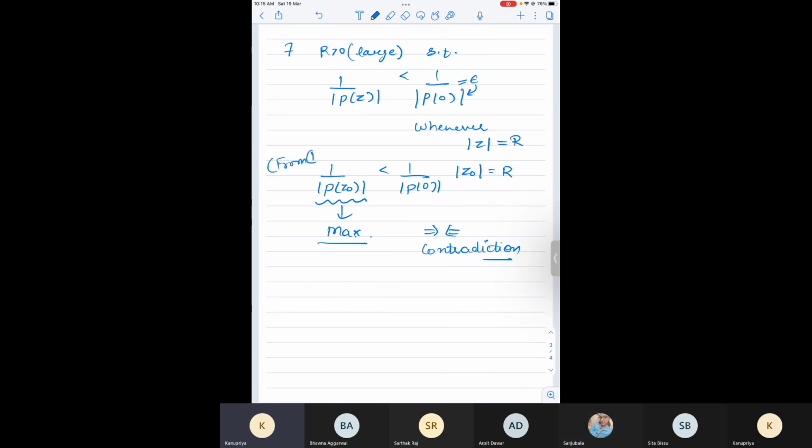Ma'am, yes. Ma'am, it is less than epsilon whenever mod z is equal to R. Because we know this maxima and minima is always attained at the boundary, we can take less than also, but we will take the equality.